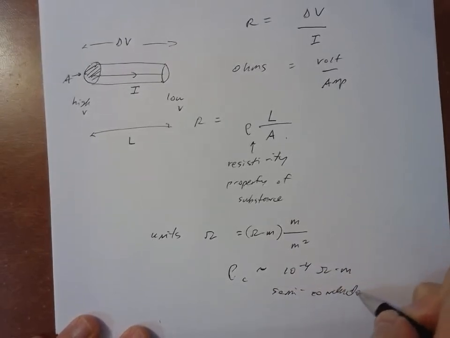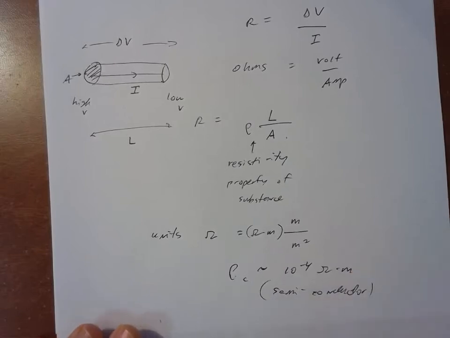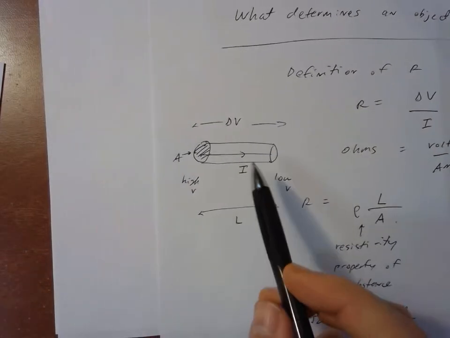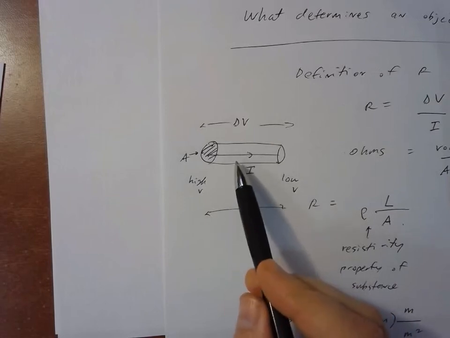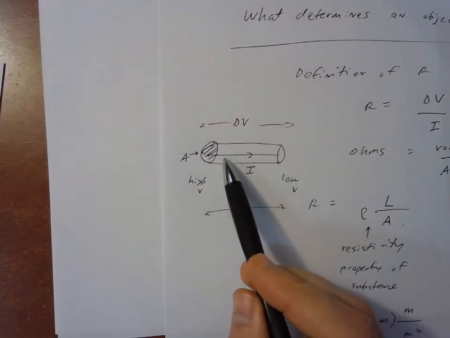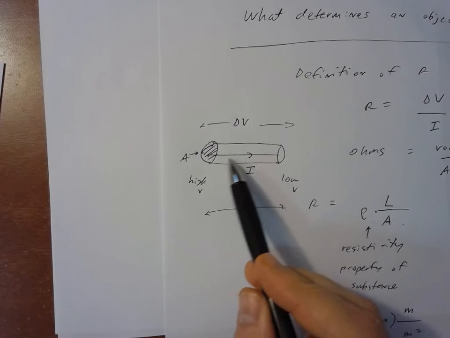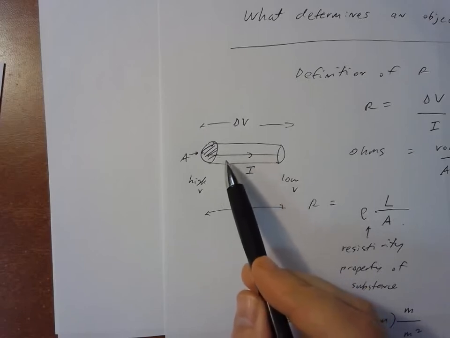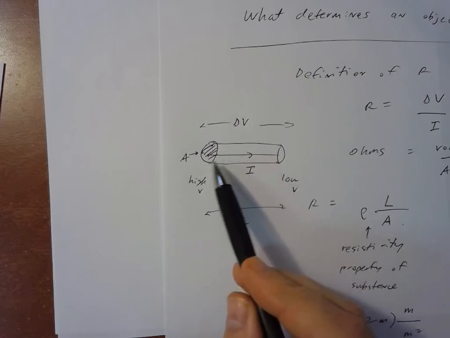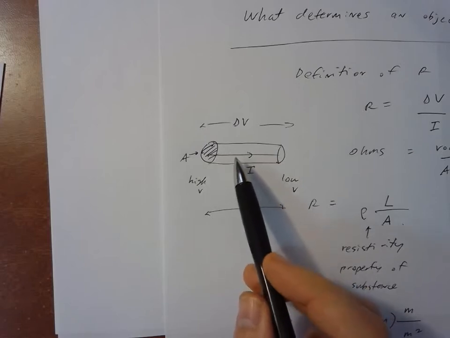Alright, one more thing that you should know for metals is that the resistivity does depend fairly strongly on the temperature of the material. So at higher temperature, whatever this material is, the atoms will be having random motions at faster speeds than they would at lower temperature.